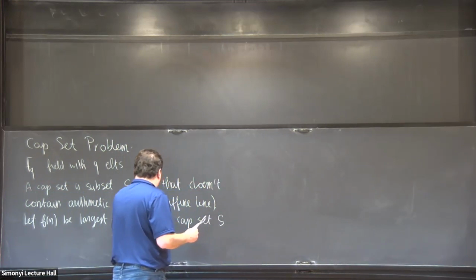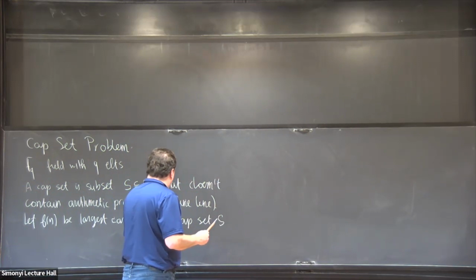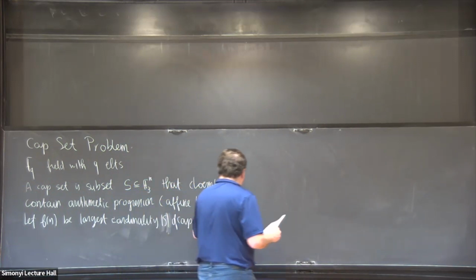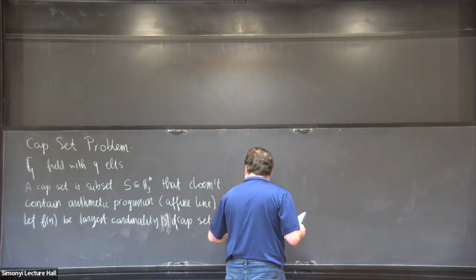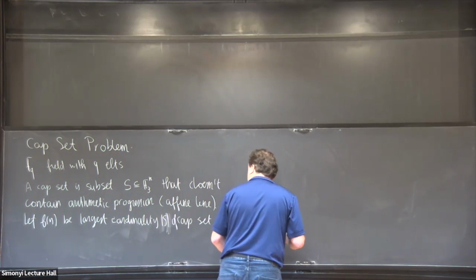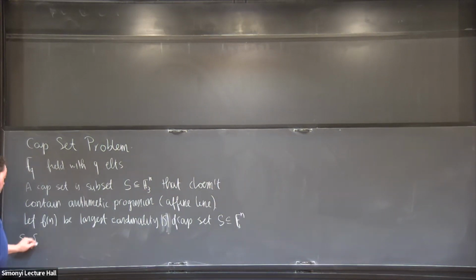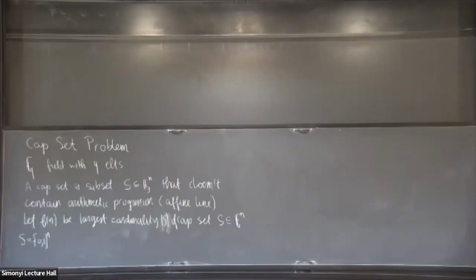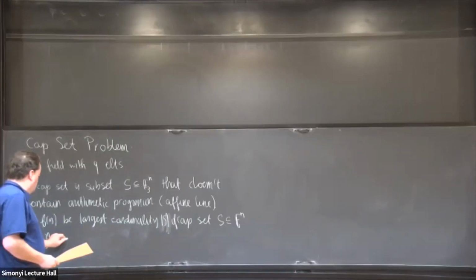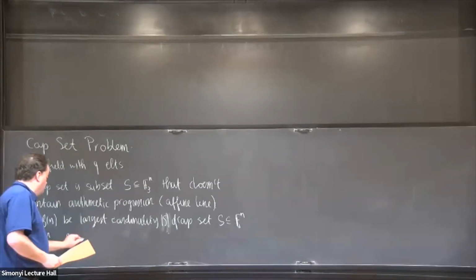The cardinality, I'm going to use this notation here, of a cap set in F_3 to the power n. So one observation is you can always take S to be {0,1} to the power n. That's a cap set. And so we see that f_n is at least 2 to the power n.